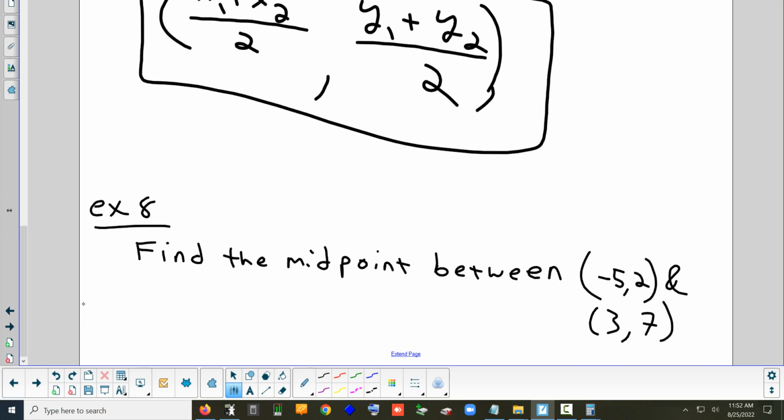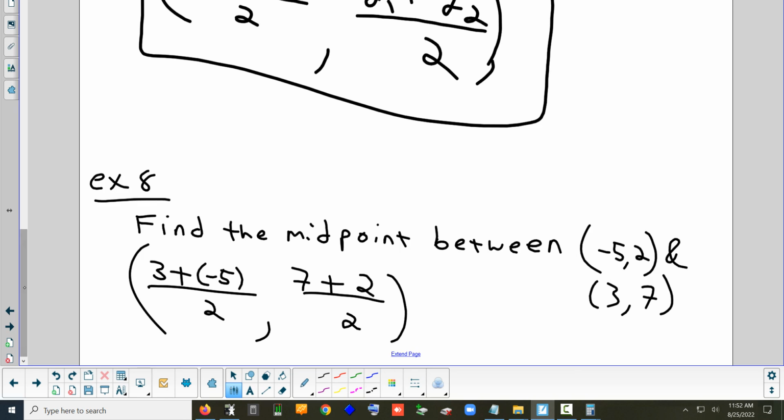Angela? 3. Okay, so we can do it that way, 3. What's going to be x2? -5. All right. How about y1? And we'll follow the same kind of pattern. That would be the 7, and y2? 2.